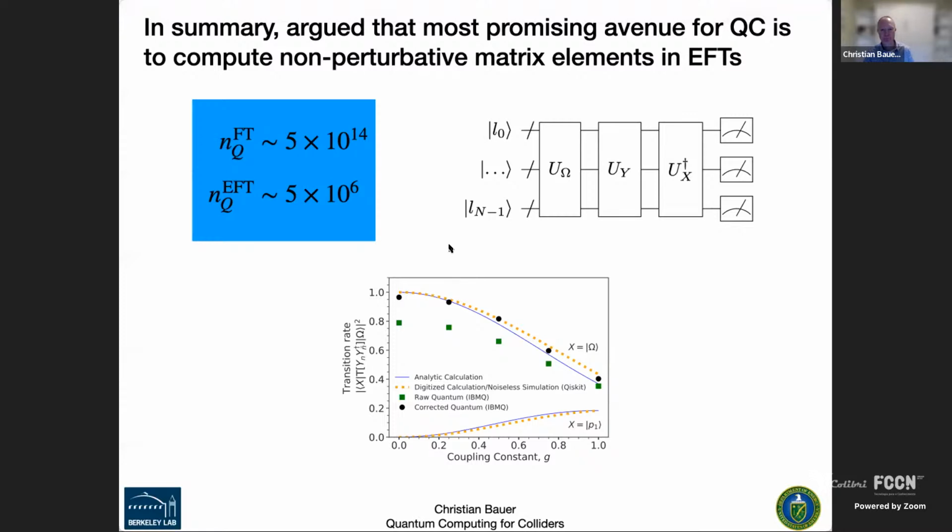There are various things that we have to do, but let me just summarize here because I'm out of time. What I've tried to do in this talk is argue that the most promising avenue for quantum computing to connect with the high energy physics collider program is to compute non-perturbative matrix elements in an effective field theory.